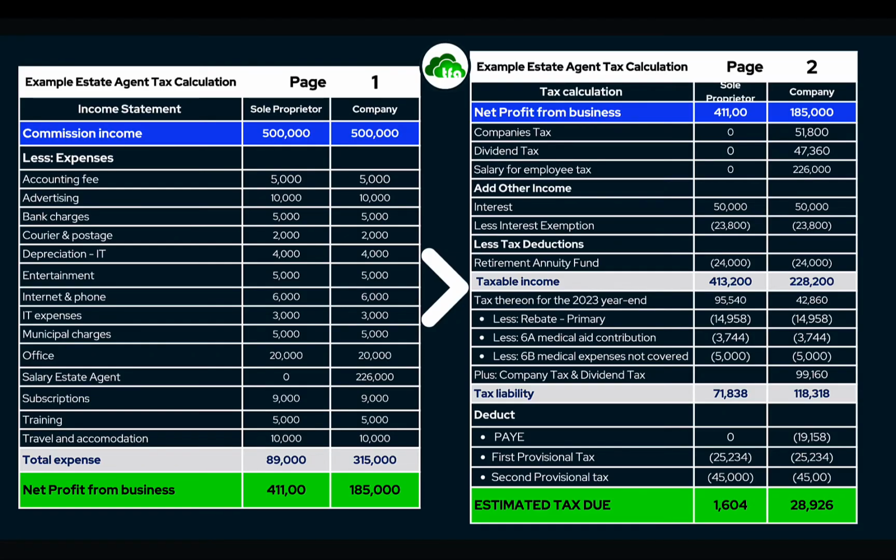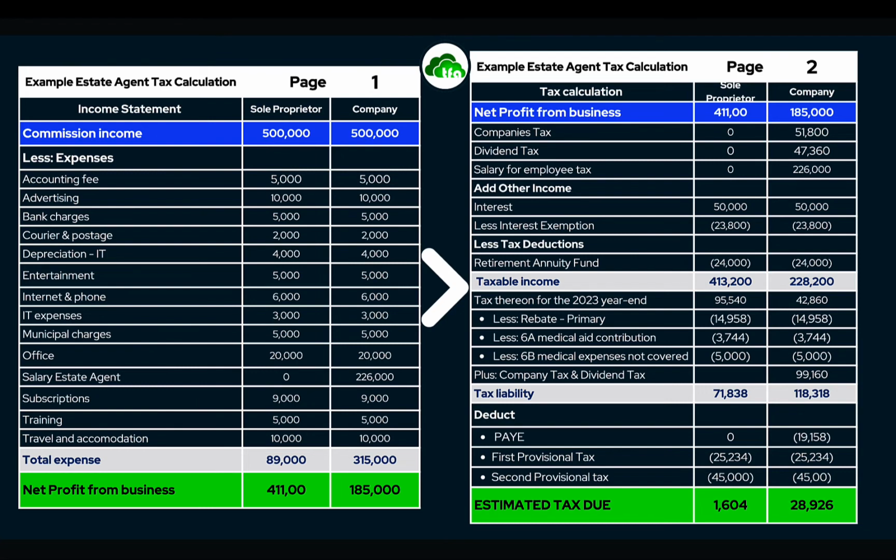What you see now is a complete tax calculation for an estate agency business. We start with page 1 on the left side of the screen, ending with the net profit from the business as the last line, followed by page 2 on the right-hand side of the screen. These figures look a bit daunting, but when you look at it line by line, you will find that it is fairly simple.